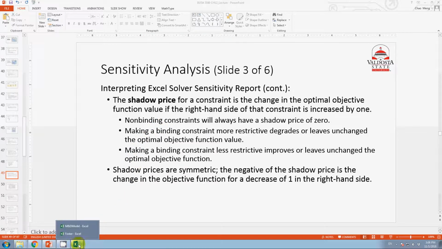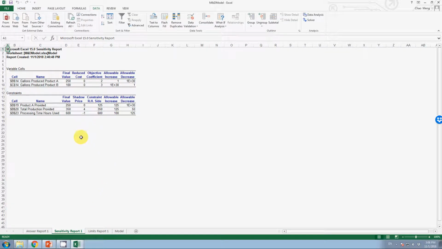So if we go back there, for the non-binding constraint, here for product A provided, the final value, the actual value as the optimal solution, is 250, and the minimum requirement is 125 and it's not binding, and the shadow price is 0.